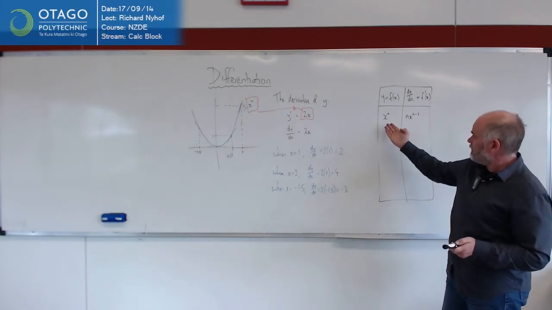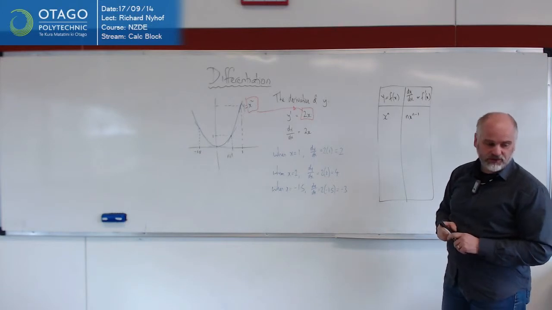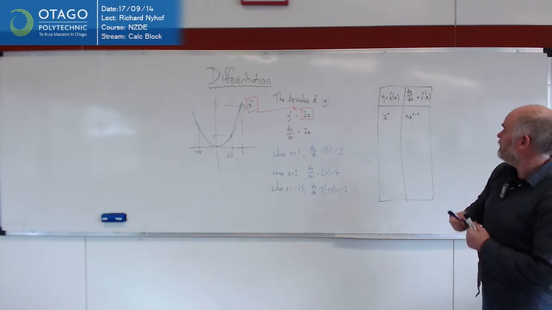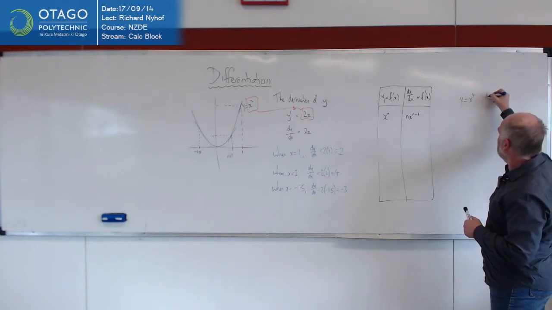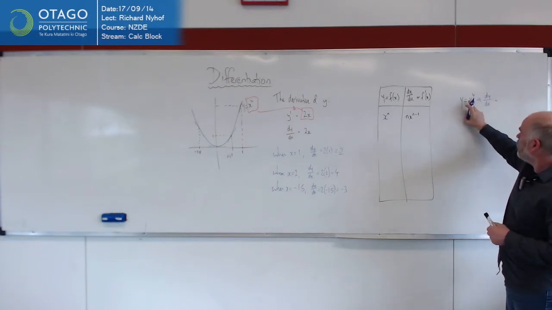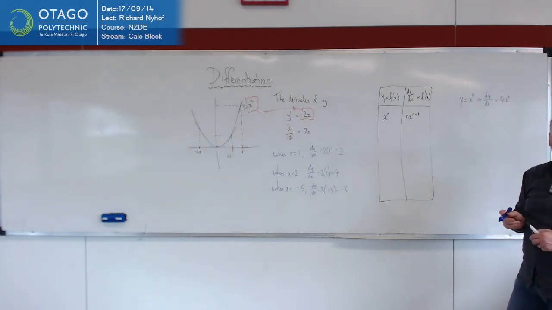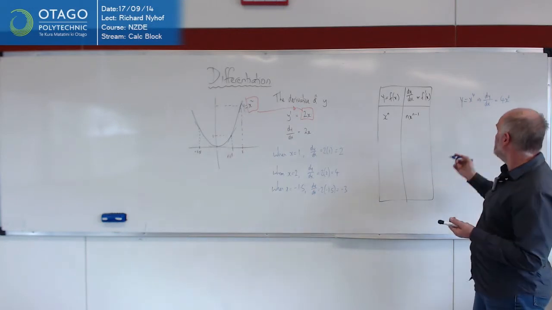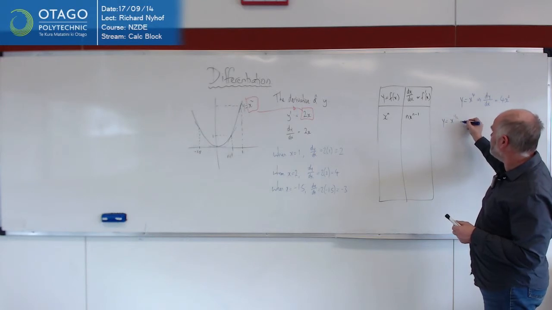Okay, so if you've got an x to any power, you can differentiate it by doing this process. So for example, if we had y equals x to the power of 4, then dy by dx, the 4 comes down the front, x, and the power reduces by 1, so 4 minus 1 is 3. And there's nothing magic about whole numbers, so we could have something like y equals x to the power of a half.